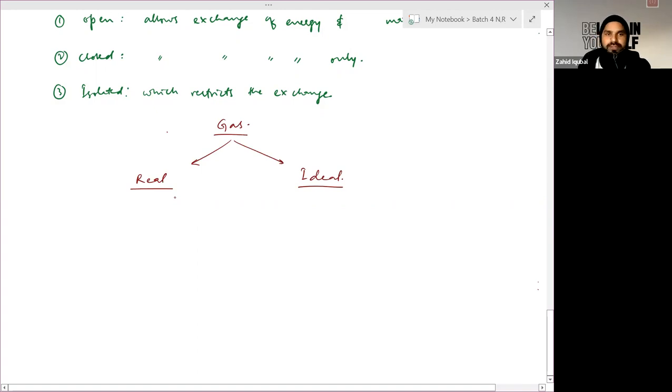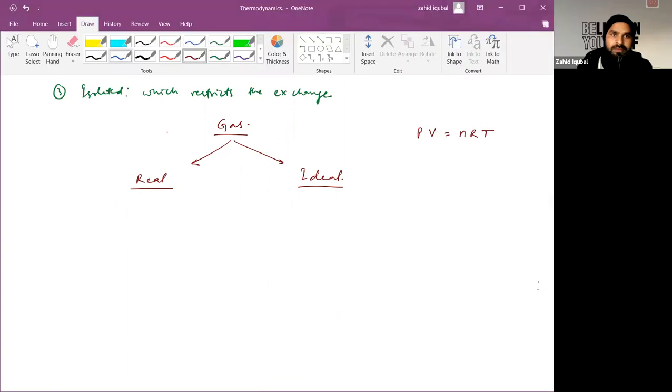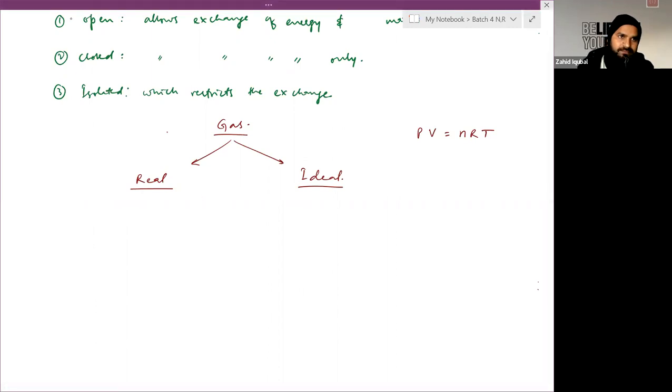If you have learned this chapter in chemistry, thermodynamics, you'll be told the gas which obeys the ideal gas equation, that is PV equals nRT, is called ideal gas. But there is some insufficient information in this definition. So let me define what the actual difference between real gas and ideal gas is.